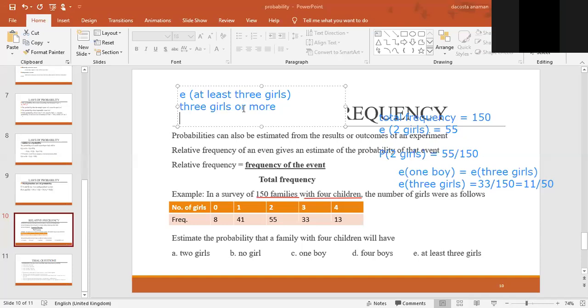If you remember very well, the addition law of probability applies. So 3 girls or more means that we'll be having the probability of having 3 girls or more, and the more is up to what? 4 girls. So 3 girls or 4 girls.